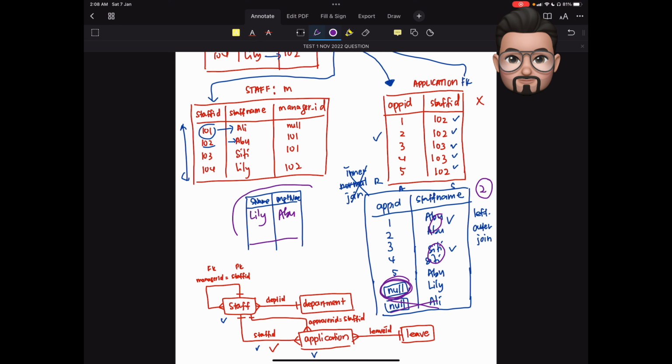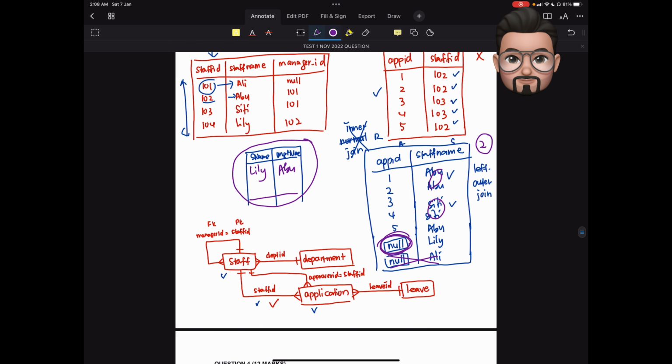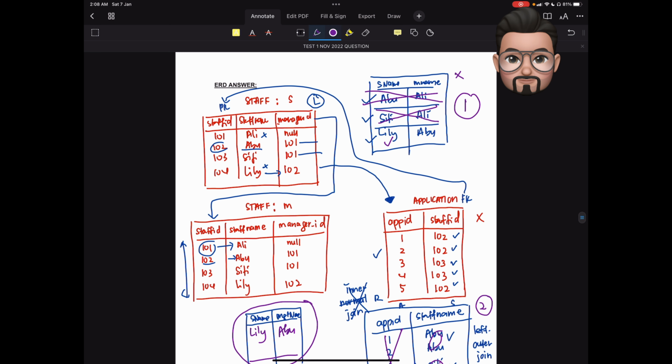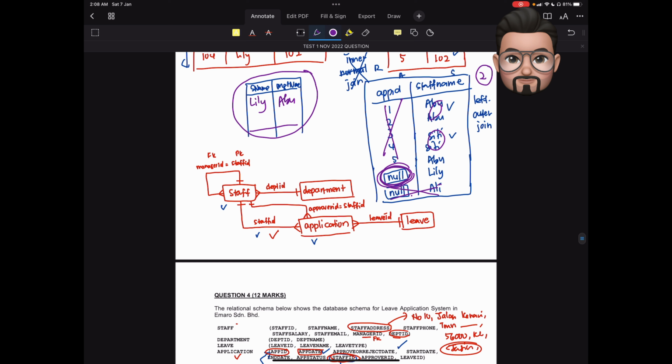These are the only staff and their managers who did not apply for any leave. The app ID has to be null. Abu and Siti have non-null app IDs, so they cannot be in the table result. Ali is null, however Ali has no manager, so Ali cannot be in the table result. That's why we have only Lily as our result.